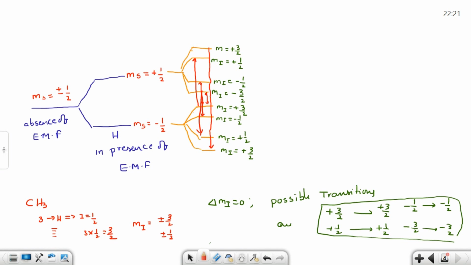These are the 4 possible transitions observed for the methyl radical. That's why the signal is a quartet with signal intensity ratio 1:3:3:1. This is the signal we observe in the ESR spectrum of the methyl radical.